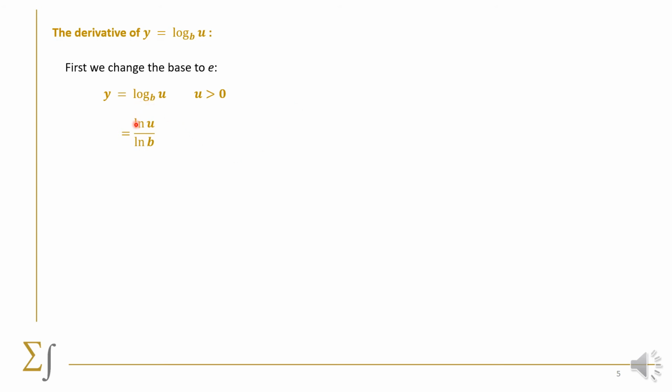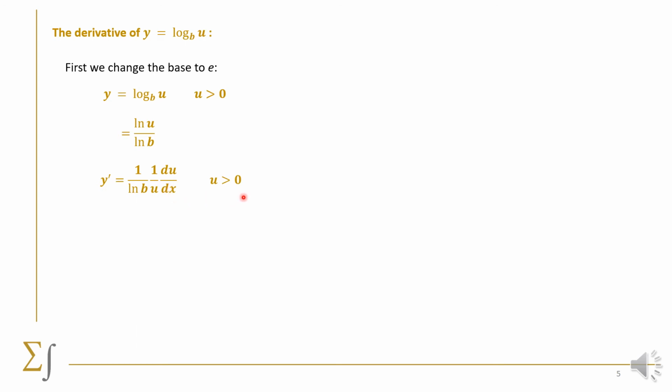This way we change the base to ln, and now we can differentiate, and we all see that ln b is a constant. So y prime equals 1 over ln b, which is the constant, multiplied by the derivative of ln u. What's the derivative of ln u? It is 1 over inside, 1 over u, multiplied by the derivative of inside, derivative of u with respect to x.